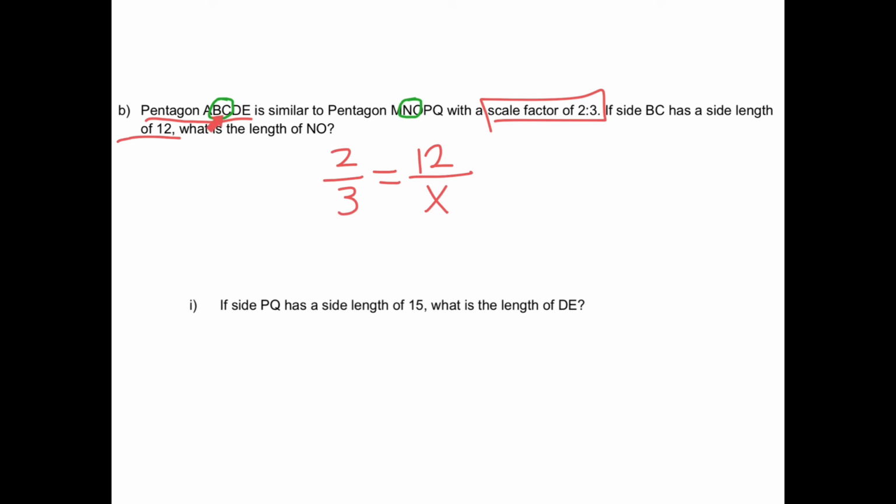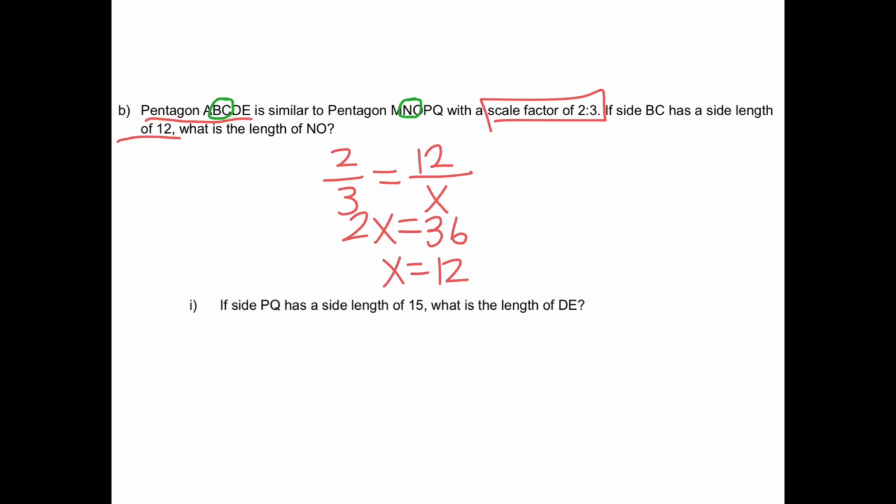So this pentagon is similar to this one by 2 to 3. So ABCDE to MNOPQ, 2 to 3. So the 12 is coming from BC. The X, or the missing piece, is NO. So this has to be the relationship that we set up to cross multiply and solve. So X is going to equal 18, or the length of NO is 18.